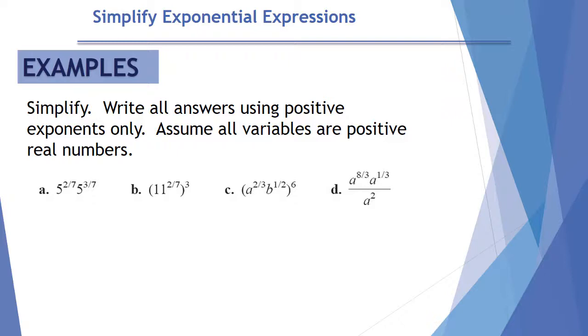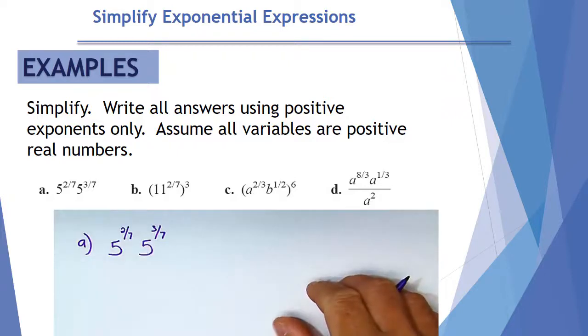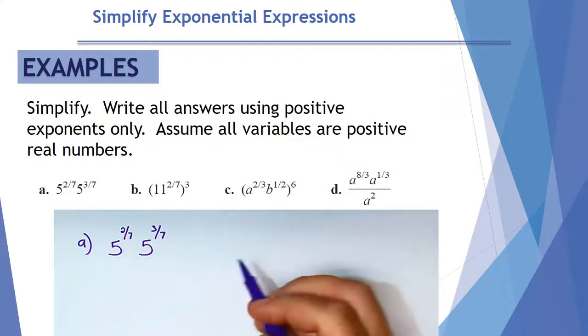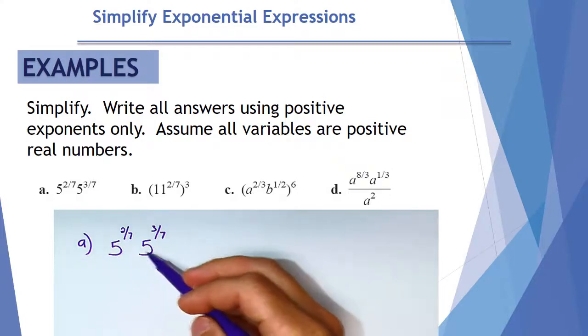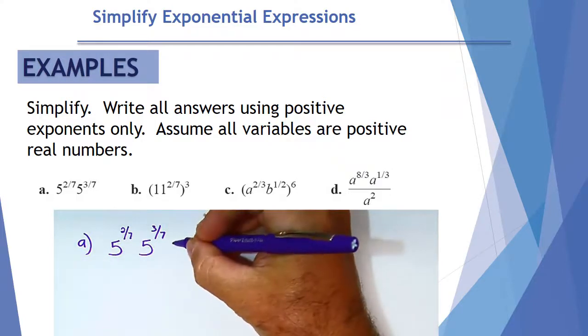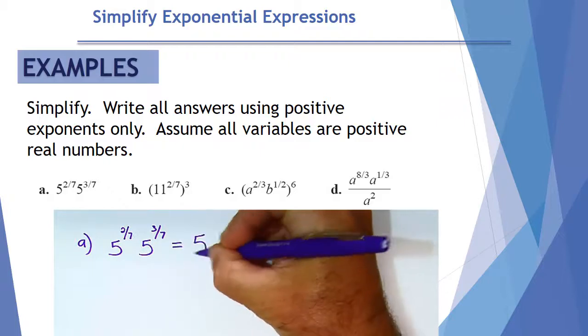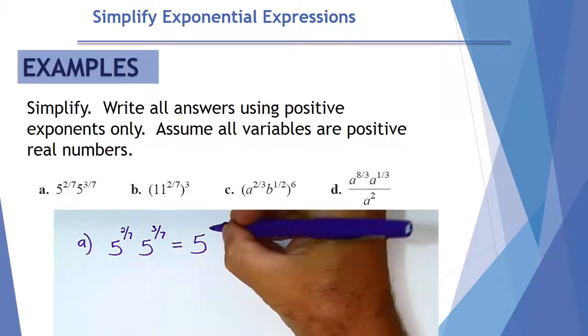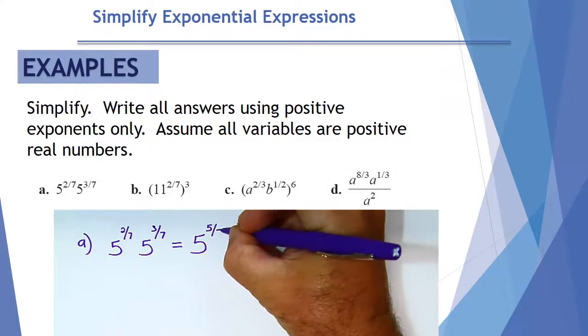We're going to do these together, and then I'll give you a few to do for practice in just a minute. Our first one, 5 to the 2/7 times 5 to the 3/7. Well, we know that like bases, we can add these exponents, and that becomes 5 to the 2/7 plus 3/7 is 5/7.